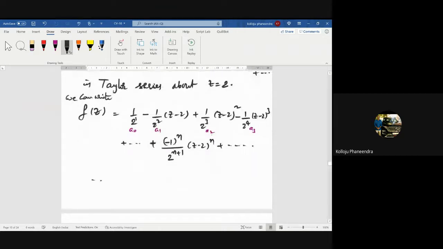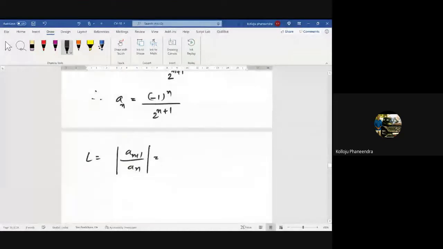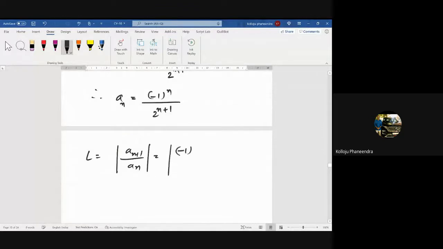Therefore a n is minus 1 whole to the power of n by 2 power n plus 1. So L value is mod a n plus 1 by a n, which is mod of minus 1 whole to the power n plus 1 by 2 power n plus 2 into 2 power n plus 1 by minus 1 whole power n.